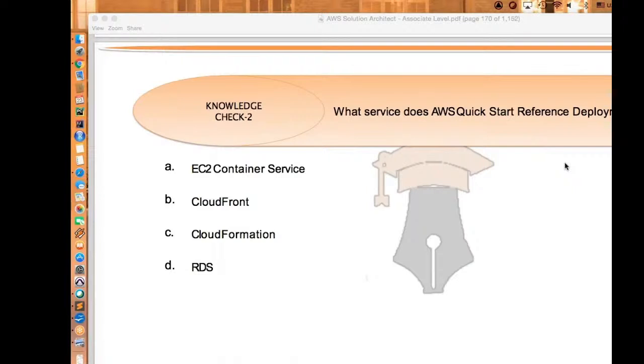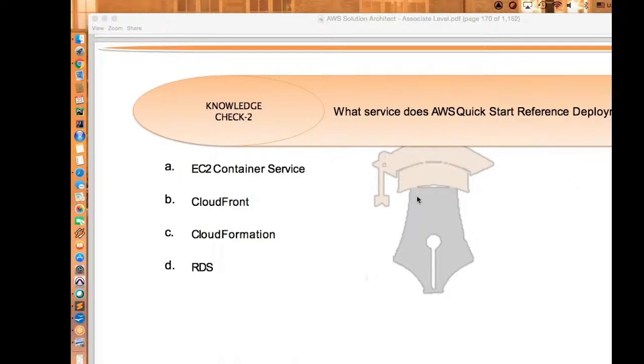CloudFront is CloudFormation, and then RDS, that's the storage. Which service does AWS Quick Start Reference Deployment use? Deployment. Okay, I'll go with CloudFront.